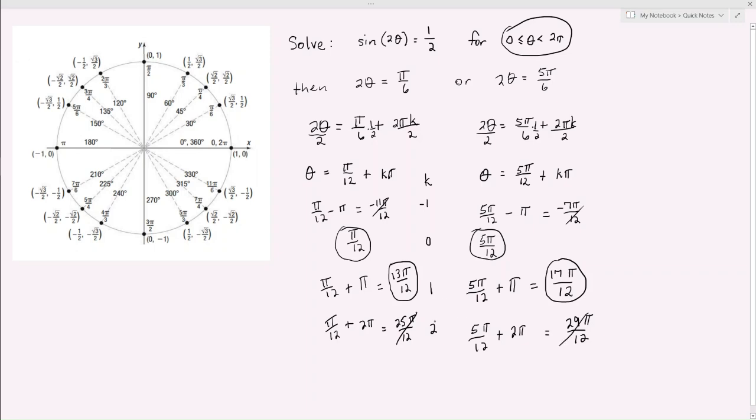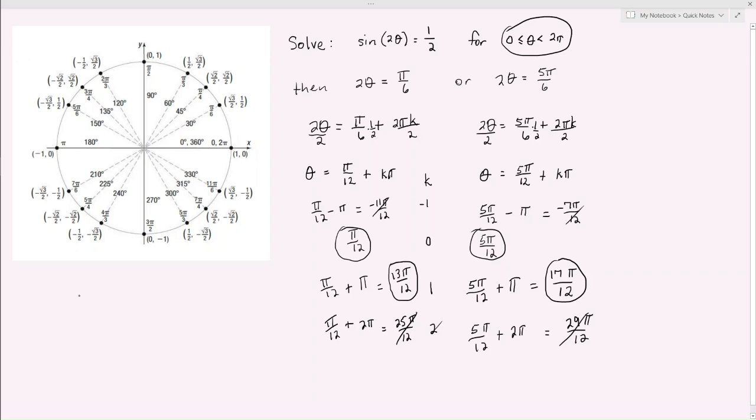Okay, so we know that we can stop with the k here of between 0 and 1, but it generates 4 solutions instead of just 2. If we have a double angle here, we create room for more solutions instead of just the 2. If that were just theta, we would have only found 2 solutions, but by creating a double angle here, we've generated more solutions that are within 1 rotation.